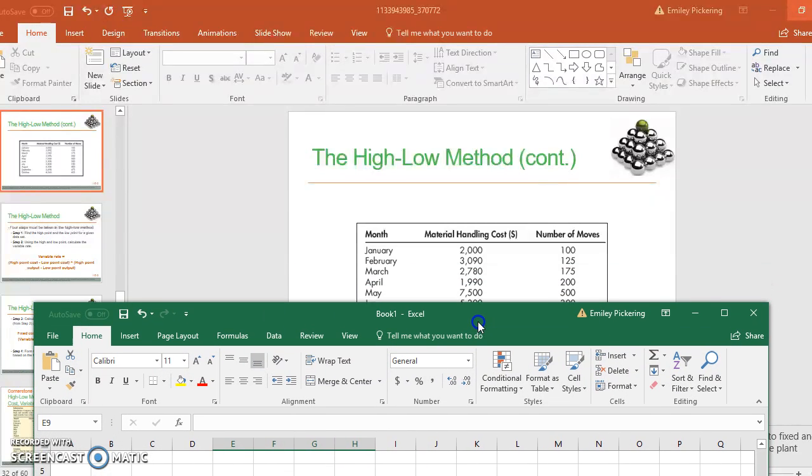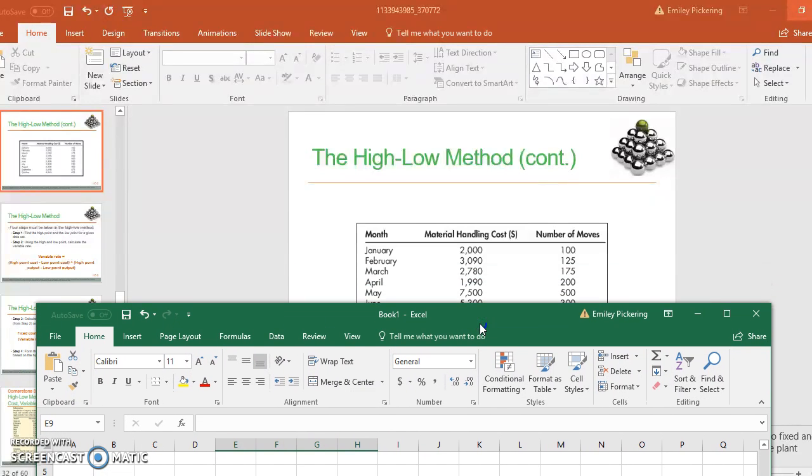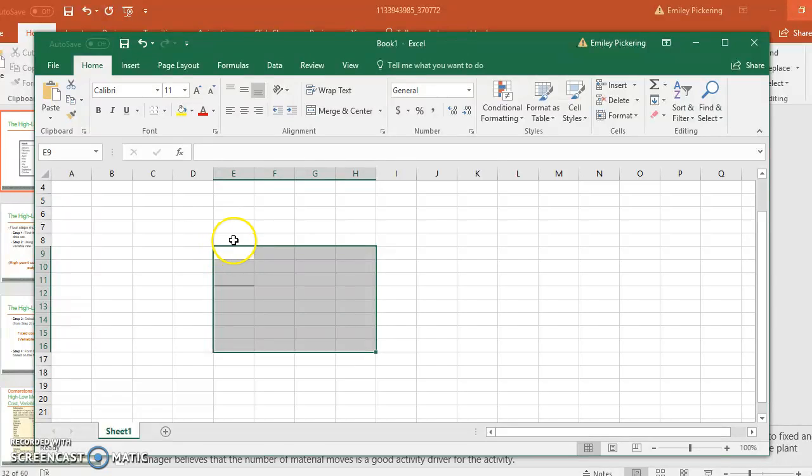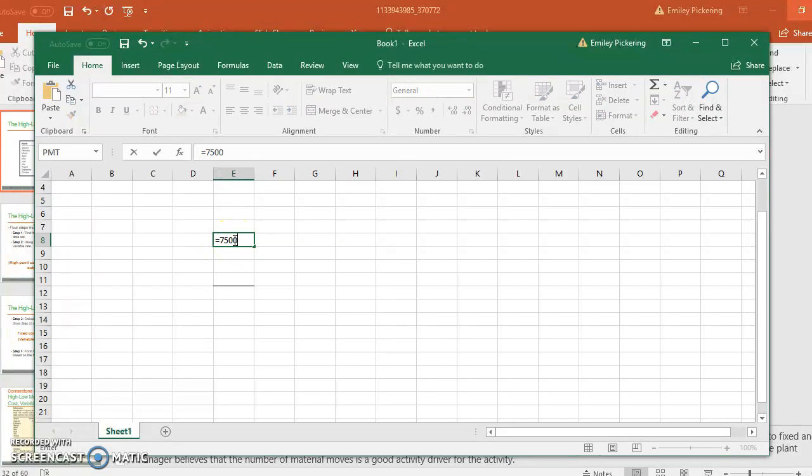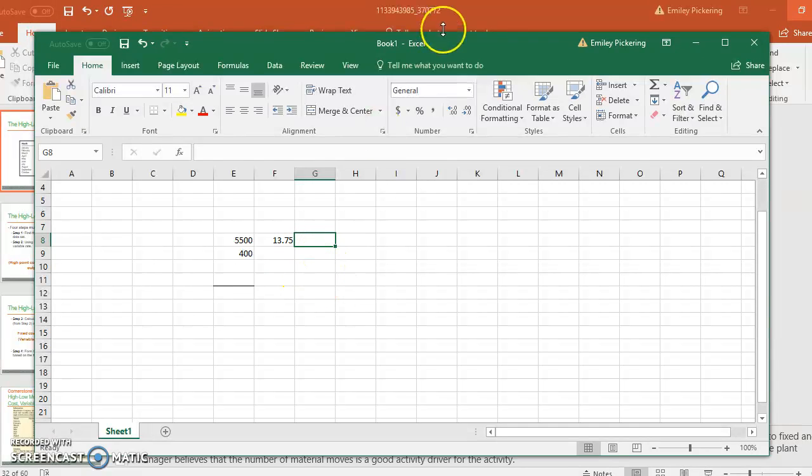All right, so let's see, we've got 7,500 minus 2,000 over 500 minus 100. Okay, so that is my variable cost per unit. So then what I'm going to do is I can take either the high or the low.